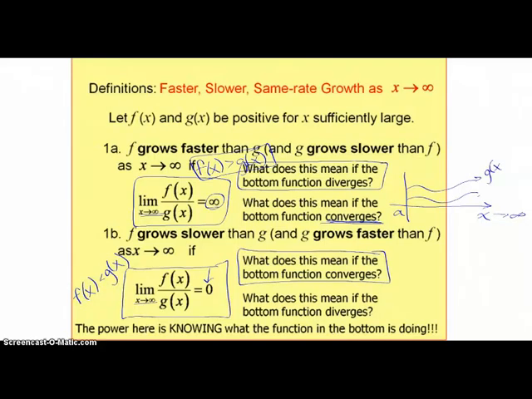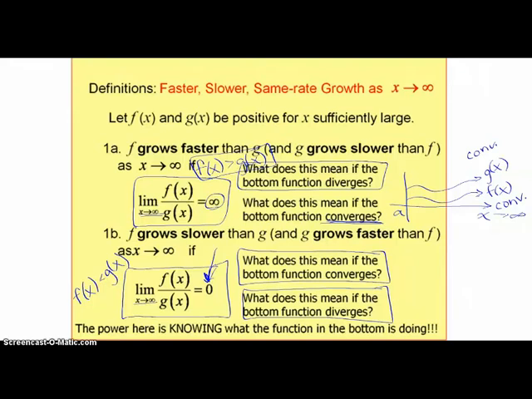So if this is g of x and g of x converges, and we prove using this limit that f of x is smaller, then f of x must also converge. Now, what does it mean if g of x diverges?